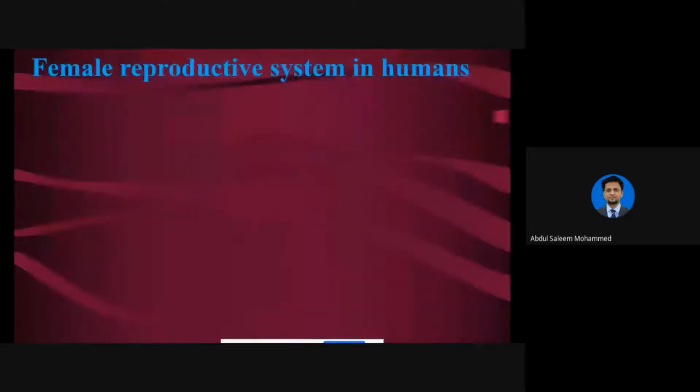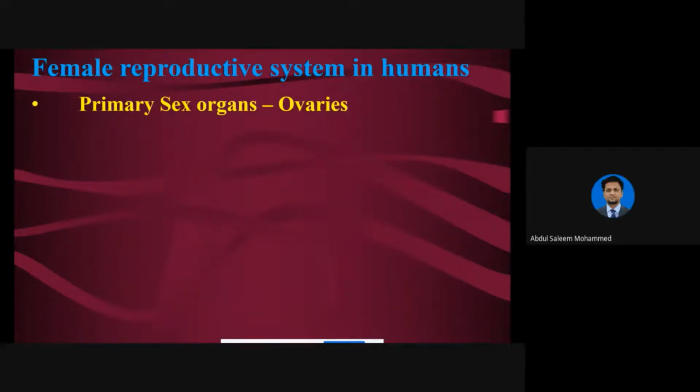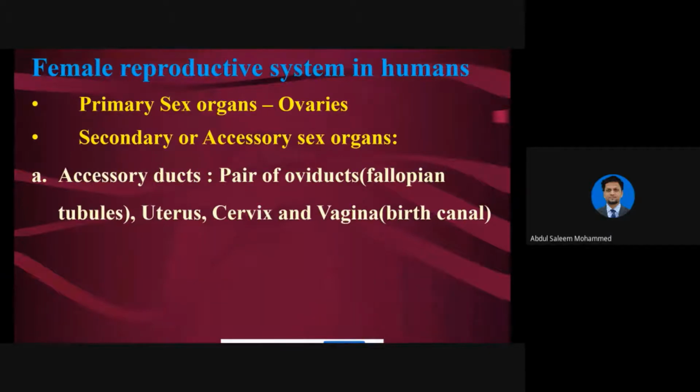So next, we have the female reproductive system in human beings. And we know very well the different organs which are present in the female reproductive system. So let us learn like how we learned for the male reproductive system in humans. We have primary sex organs in females, that is ovaries. Then come the secondary or accessory sex organs, which include the different ducts, like the pair of oviducts, and these paired oviducts are called the fallopian tubes.